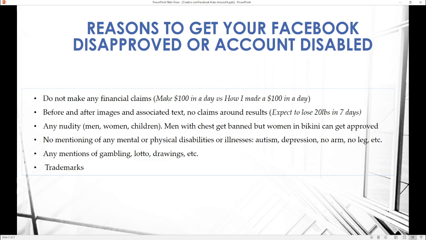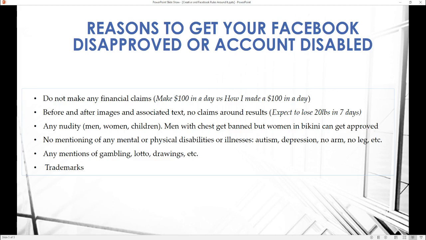Also, you cannot make any claims regarding weight or physical attributes that you guarantee someone will have if they use your product or your service. So you cannot say you will lose 20 pounds in first 30 days if you sign up to our gym, right?